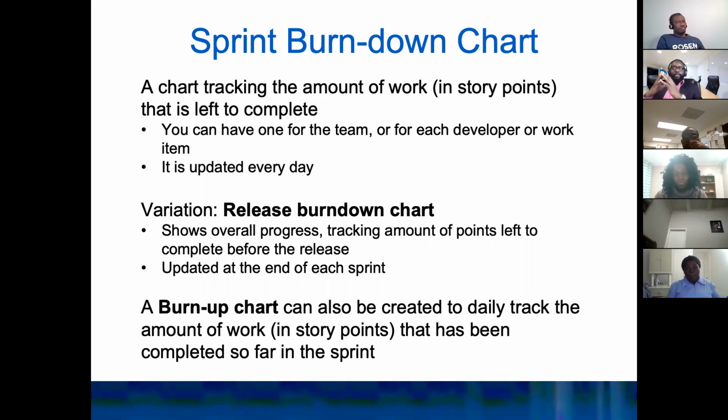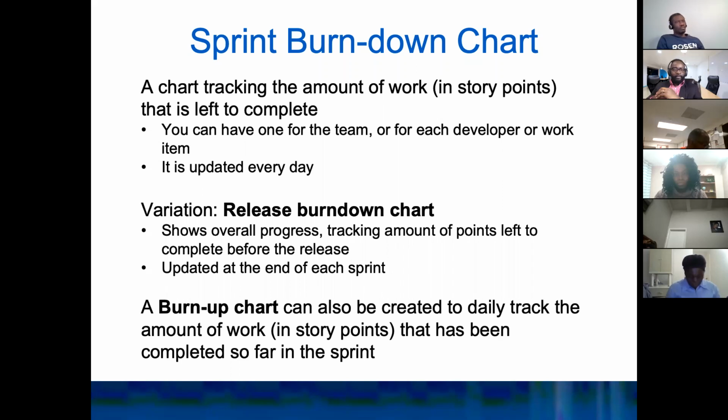So therefore, you can create a burn down chart as you're completing sprints that is showing you the number of points that you have for the release to happen, right? Maybe your capacity is 80 points per sprint. It means that technically you should be able to take 480 points per release.